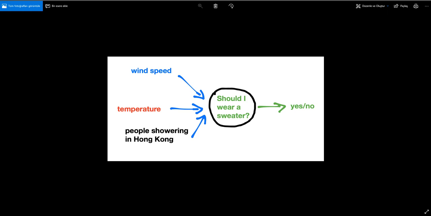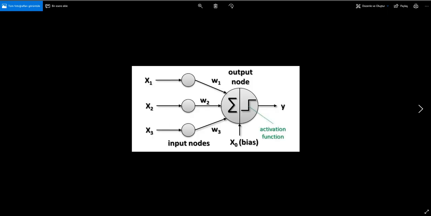For example, we can see weight 1 multiplied by wind speed, weight 2 multiplied by temperature, and weight 3 multiplied by people showering in Hong Kong. But they are different, because the temperature's weight 2 is much stronger than the others, for example 0.8, 0.1, 0.1. Let's see another image.